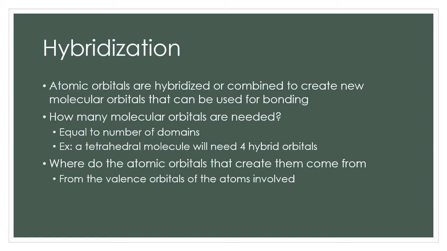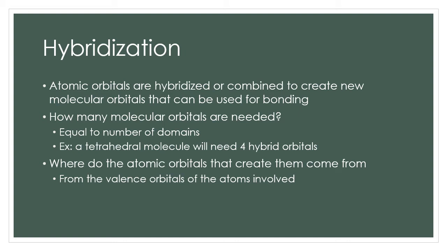For example, a tetrahedral molecule, such as methane or nitrogen trihydride, would require 4 hybrid orbitals, despite the fact that methane has 4 bonding orbitals, and nitrogen trihydride, or ammonia, would only need 3 and then 1 for a lone pair. That lone pair is still going to go into a hybrid orbital.